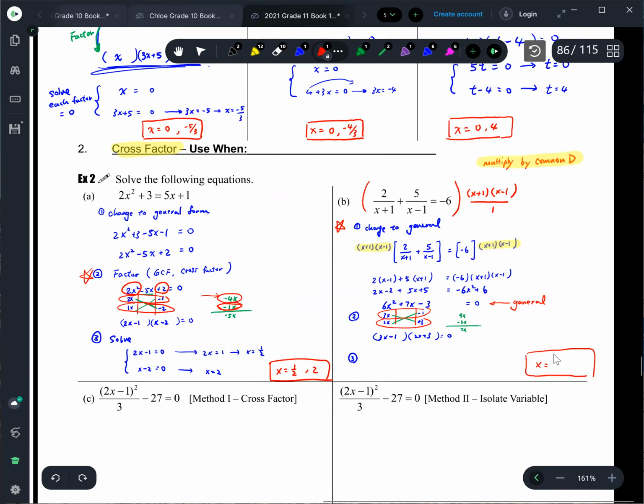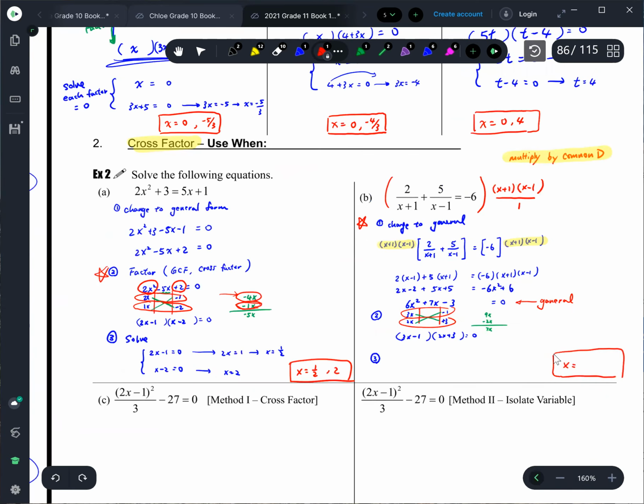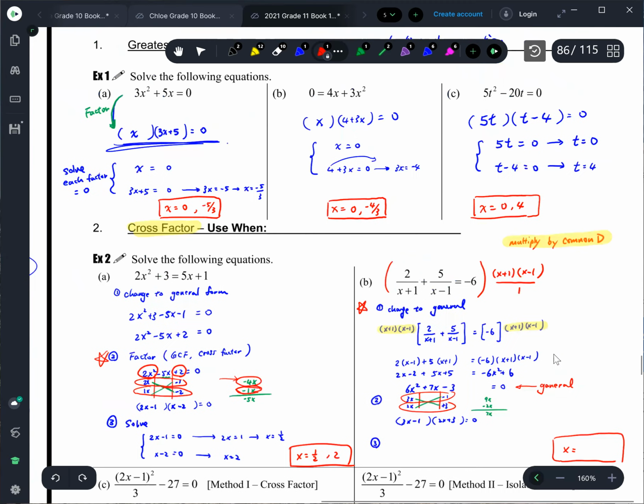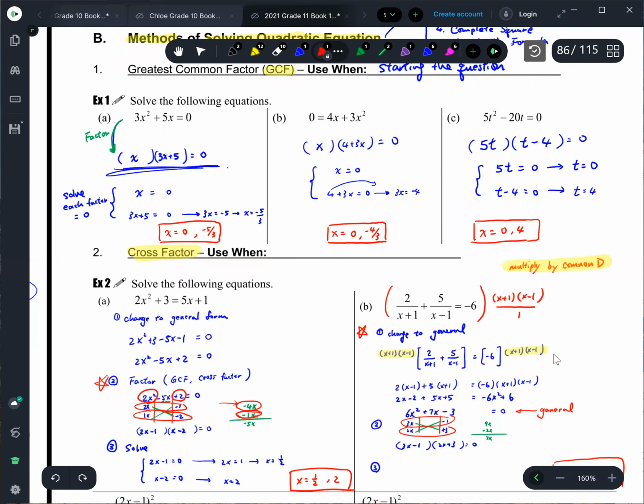In the homework, I will select a few questions that have denominators, a few questions that are simply moving and expanding, okay? A mix of both levels. Some questions just GCF, okay?